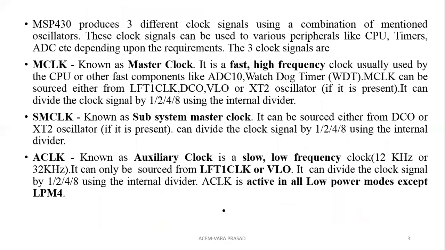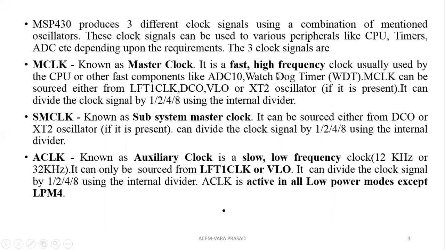So we have three clocks. What are the three clocks? MCLK, SMCLK, ACLK. MCLK means master clock, which is a fast clock working at high frequency. This high frequency clock is used mainly for the CPU and other fast components like the ADC, analog to digital converter, as well as the watchdog timer.